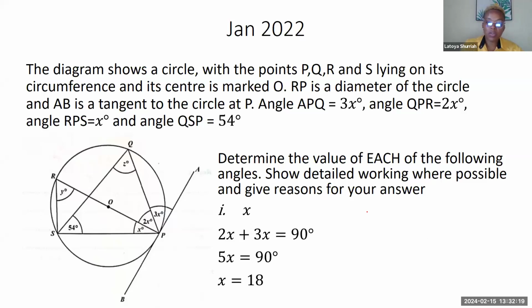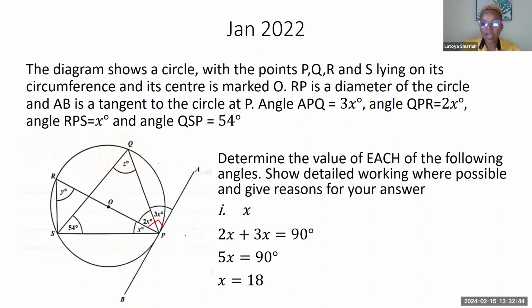We also know that when the radius meets the tangent at the point of tangency, a 90-degree angle is formed, which means there will be a 90-degree angle right here, so 2x plus 3x would be 90 degrees.